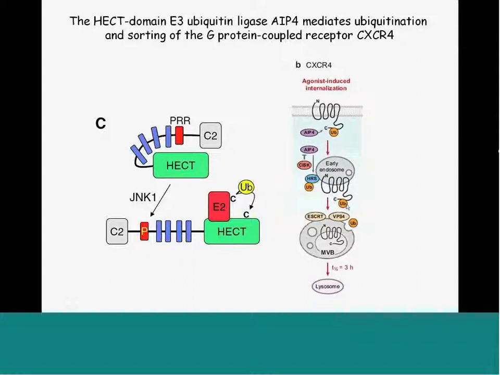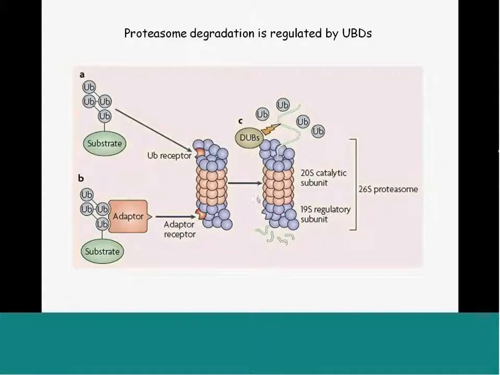There's a machinery that recognizes the ubiquitin moiety, and that machinery has what are known as ubiquitin-binding domains, and I'll talk a bit about them in a second. But the principle behind the modification and the function is linked to ubiquitin-binding domains, or UBDs.